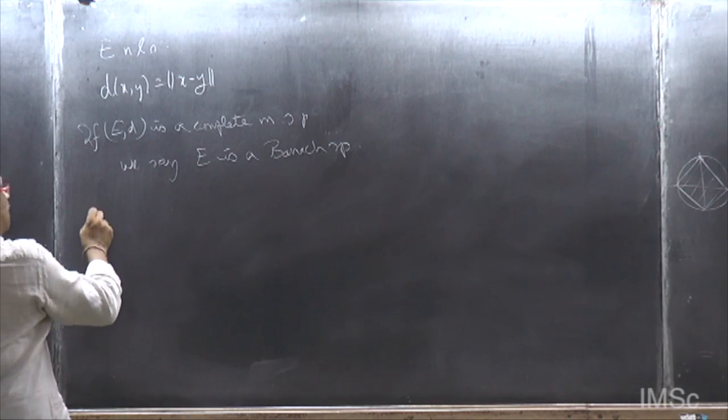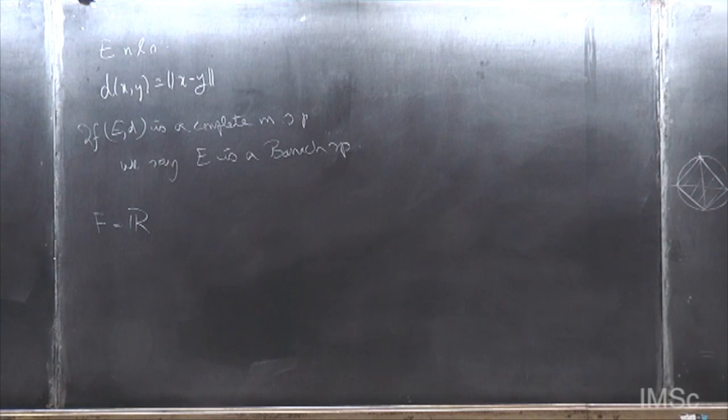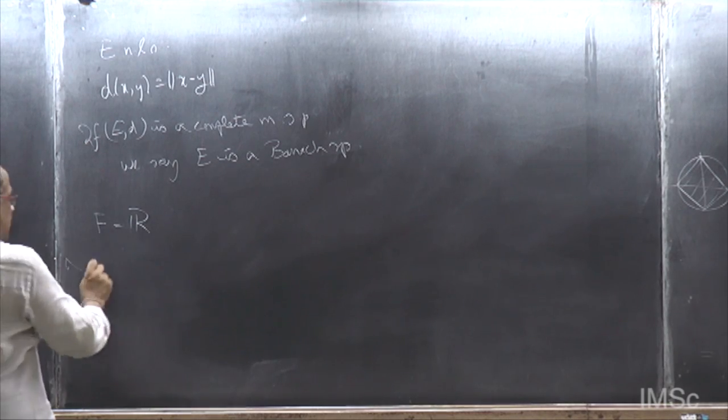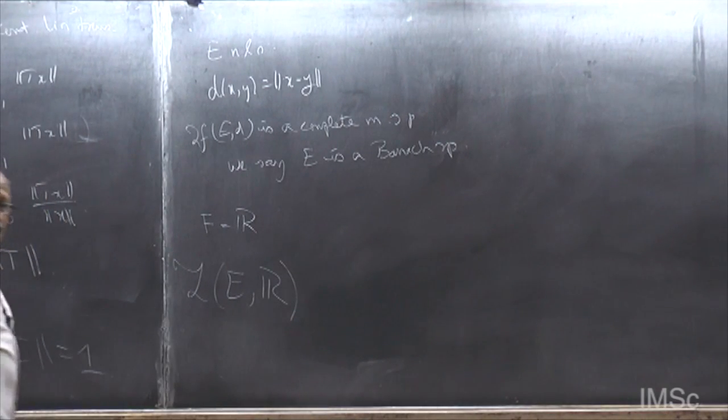Now, if I take F equal to the scalar field, the real numbers, then I look at L(E, F), L(E, R), namely all continuous linear functionals.